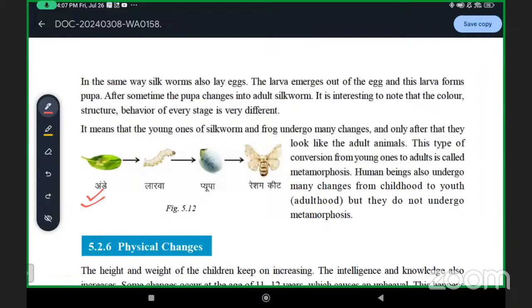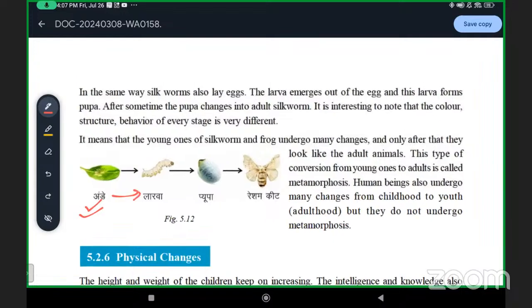Out of the eggs comes the larva, and from its mouth it secretes a thread-like thing that wraps around it over and over till it becomes a pupa. In that covering, its development takes place slowly, and then it becomes your silkworm, or butterfly.